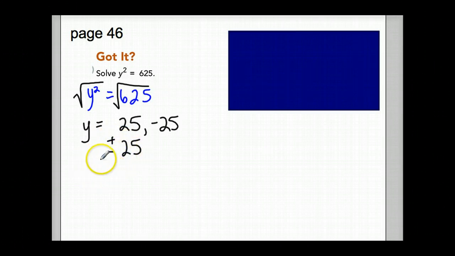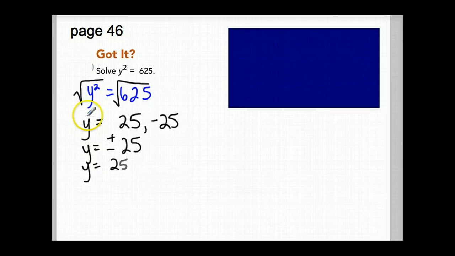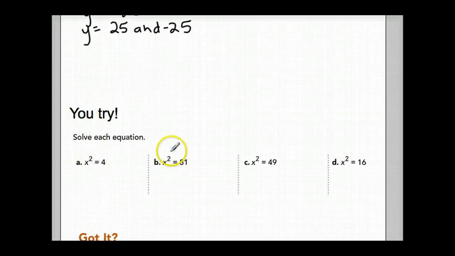And they'll also want you to answer y equals 25 and negative 25. So you'll see it in your homework these three different ways, and they'll ask you to put a comma in the middle, or you'll see this plus or minus sign, or they'll ask you to list it like this.